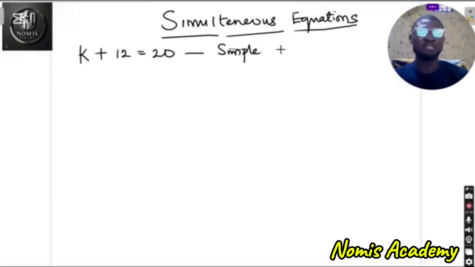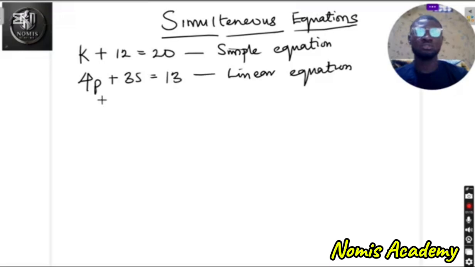We could also have a linear equation, where we have, let's say, 4p plus 3s equals 13. This is a linear equation. In this linear equation, we have two unknowns in the equation.